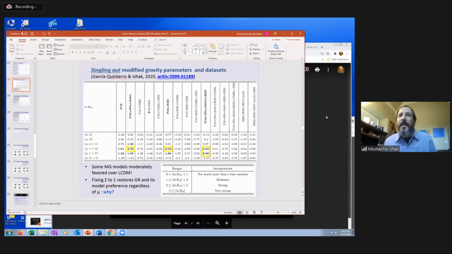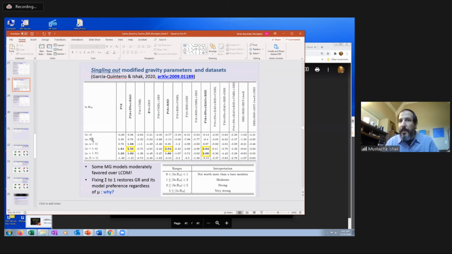Okay, sure. It's a good question. However, when you look at this table here, it's systematic. It's not random, in the sense that if you look at this whole first line, and then the second line, you see that consistently this is all negative, and this is all negative, and sometimes actually in the strong or in the moderate regime. So when we vary the 2 parameters at one time, we find that there is tension.